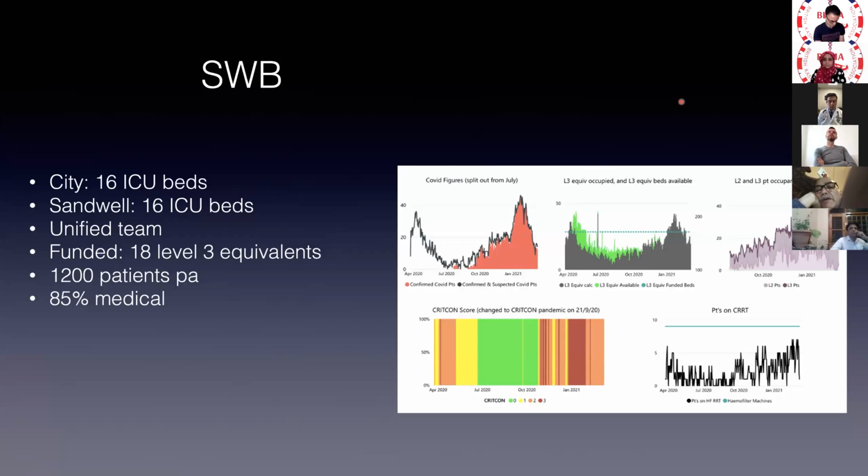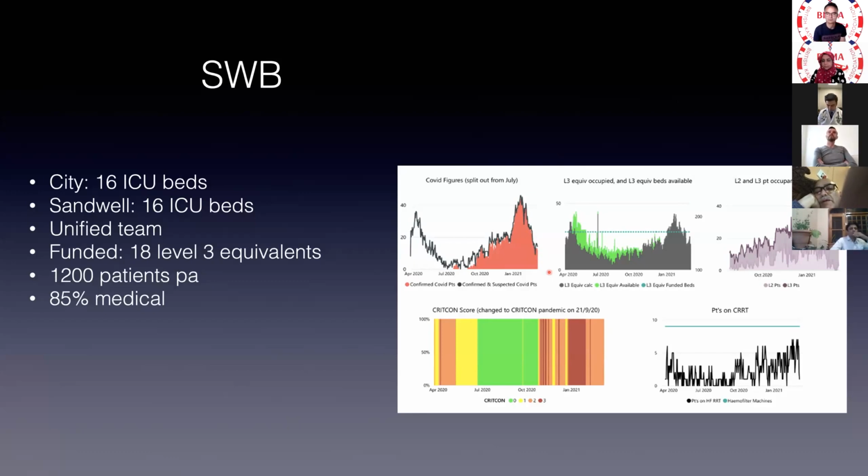We're a little bit unusual in the NHS in that the vast majority of our patients are medical. We don't do an awful lot of planned post-operative surgical care. We've done for the last year virtually nothing but COVID. This is the April peak, and this is the peak that started in October and has now fortunately nearly completely died off.